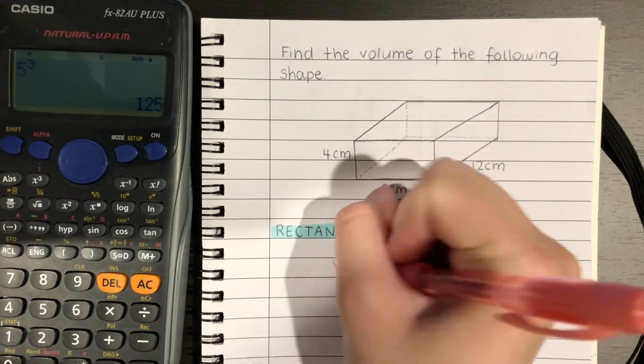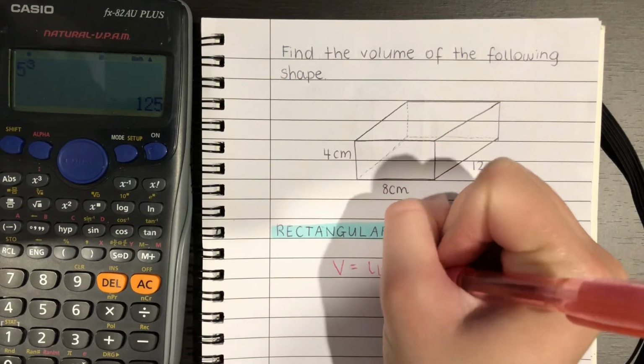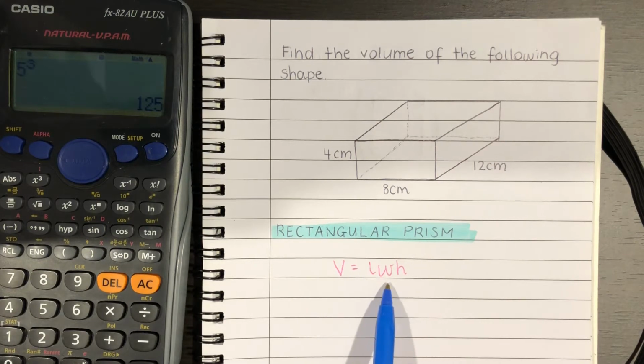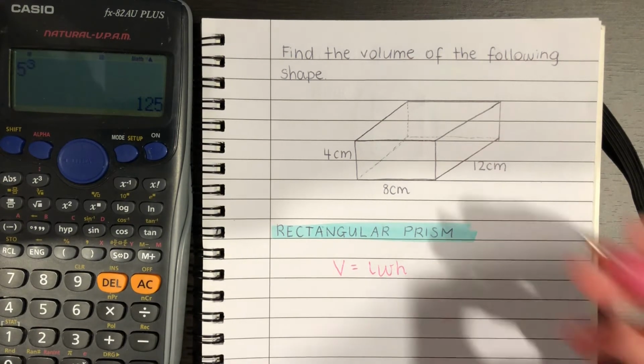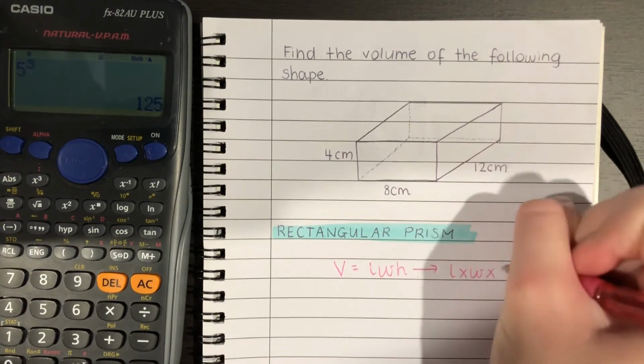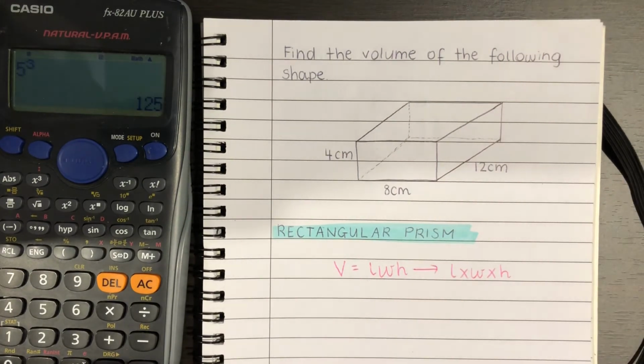So volume equals length, width, and height. So when we have no gaps between anything, it means there's an imaginary times sign in between. So this is also the same as length times width times height.